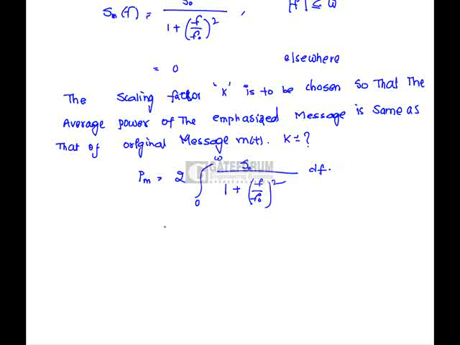If we integrate that, we get 2 S naught f naught tan inverse of omega by f naught. This is PM.